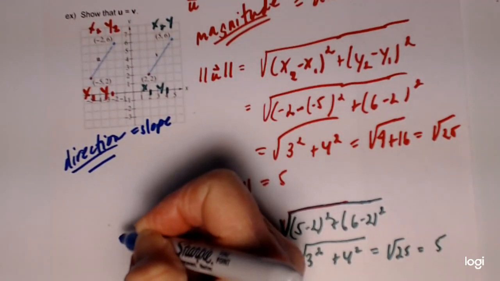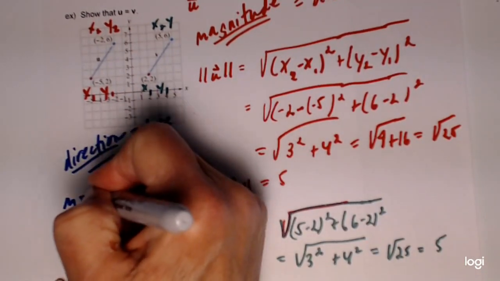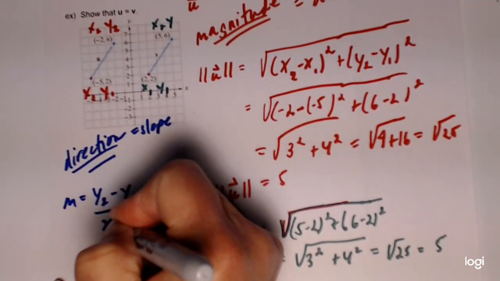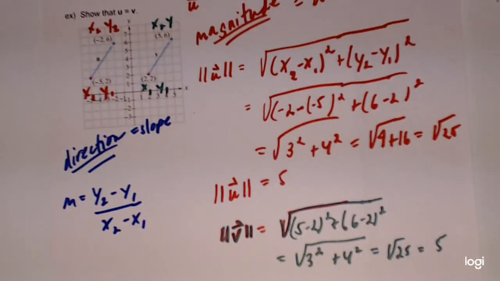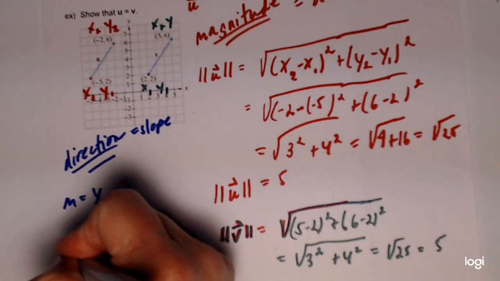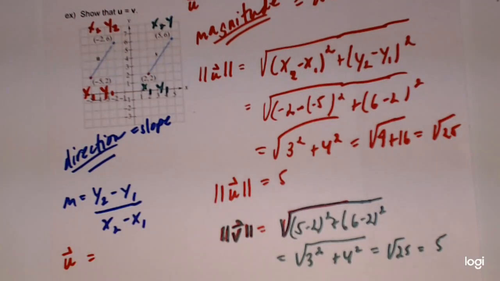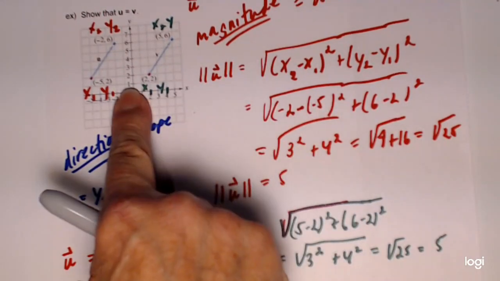And the formula for slope is, so m is equal to y2 minus y1 over x2 minus x1. Same slope formula as before. So since red is the color for our vector u, it's going to be equal to y2 minus y1.